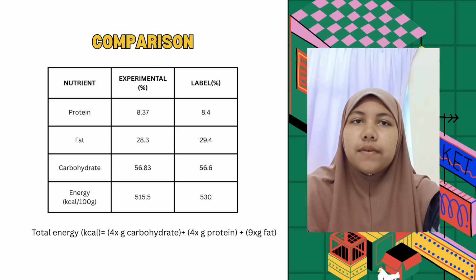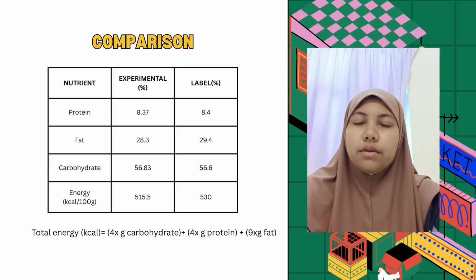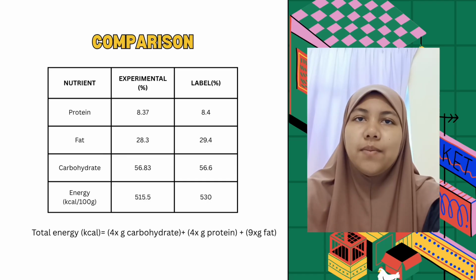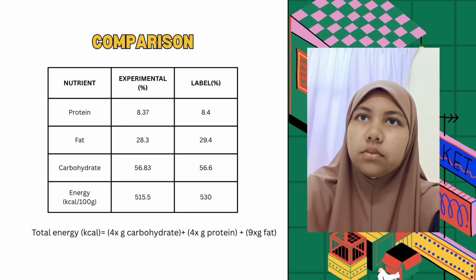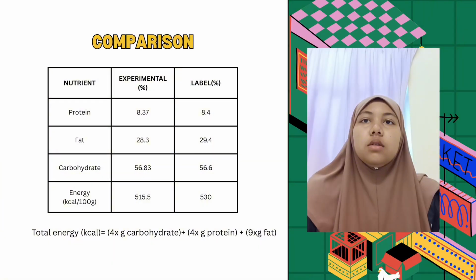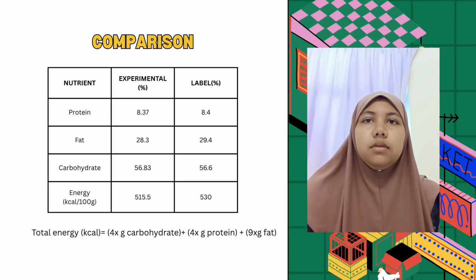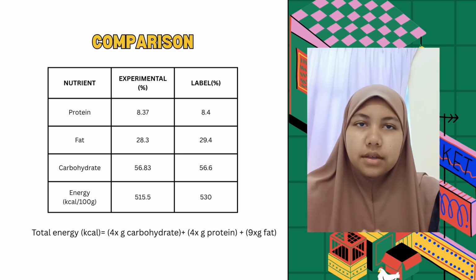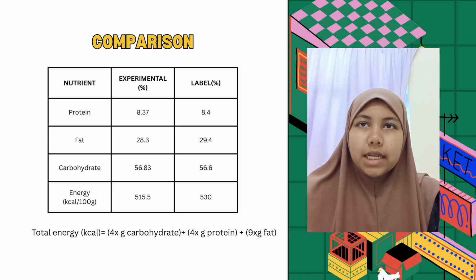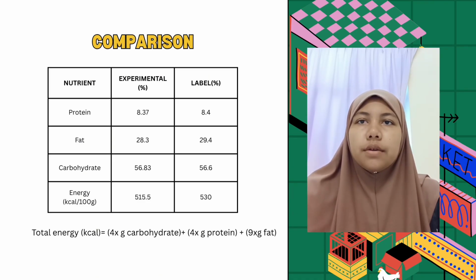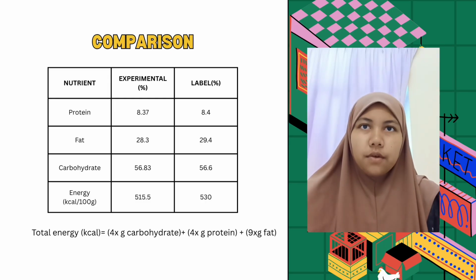The calculated energy value is slightly different from the labeled value, which corresponds with the minor difference observed in fat and protein content. So overall, the small variation between experimental and labeled values is within acceptable limits, demonstrating that the laboratory result accurately reflects the nutritional composition of the product. This confirms good quality control and consistency in the product formulation.